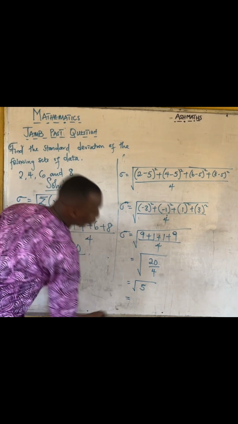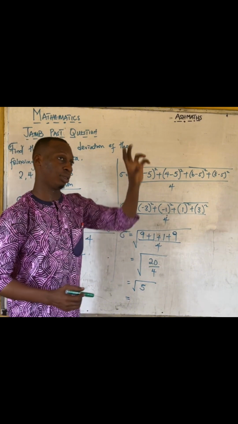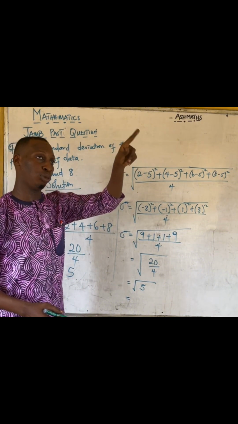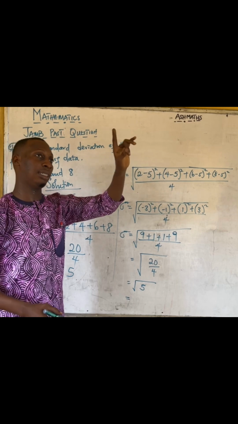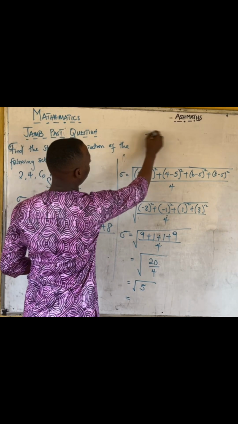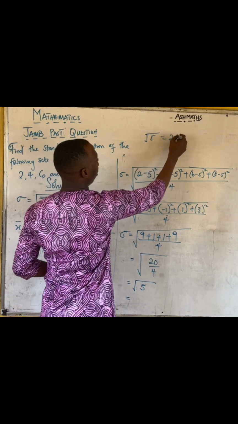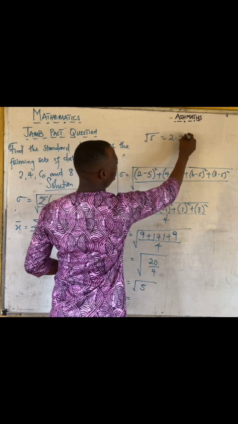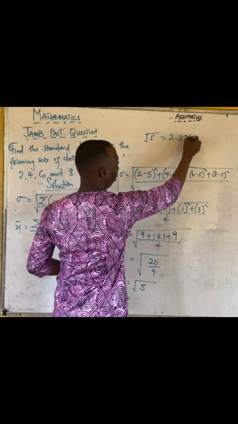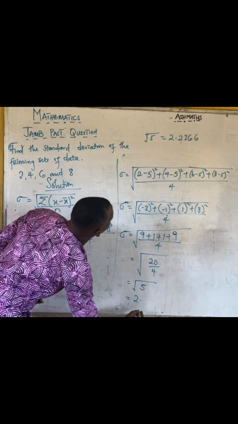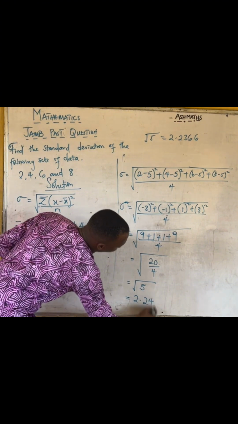So if you take the square root of 5, that is 2.2366, approximately 2.24.